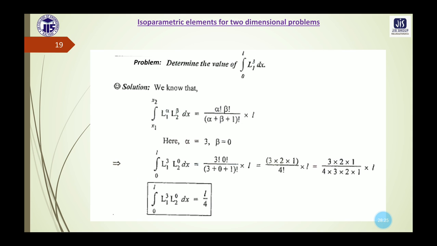Let us discuss one more problem regarding this natural coordinate system. The question given here is to determine the value of the integration from 0 to 1 of L1 cube dx.